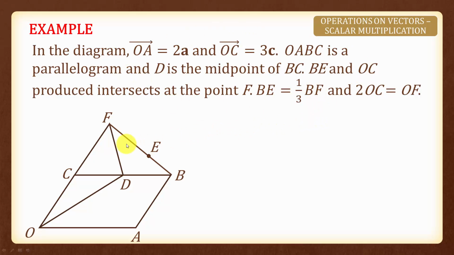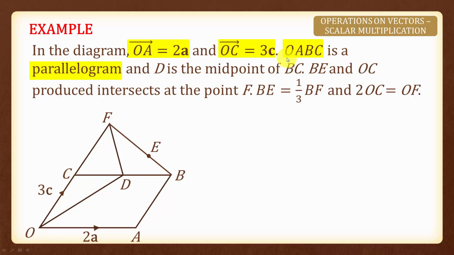Let us break it down by representing all this information onto the diagram. Vector OA is equal to 2a, and hence we will draw an arrow here pointing from O to A, and we will write down the vector 2a. Vector OC is equal to 3c, so likewise we'll draw the arrow and write down 3c.